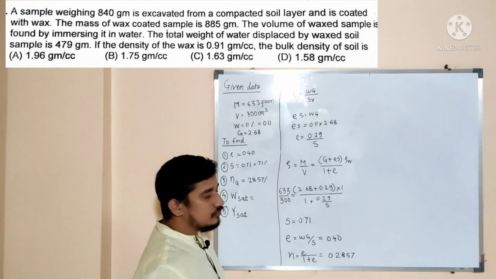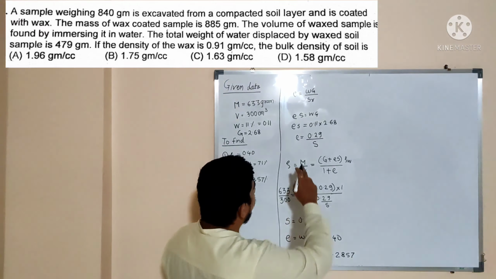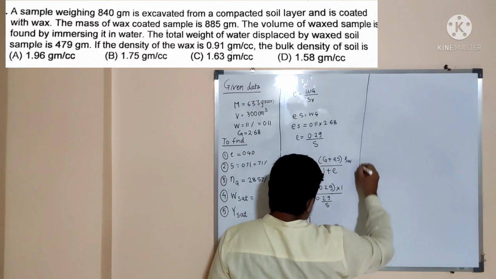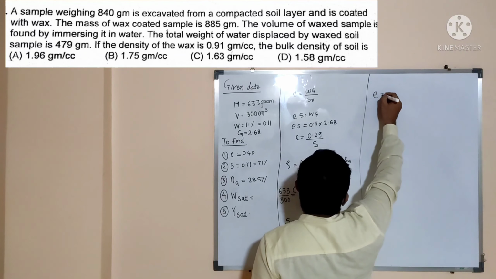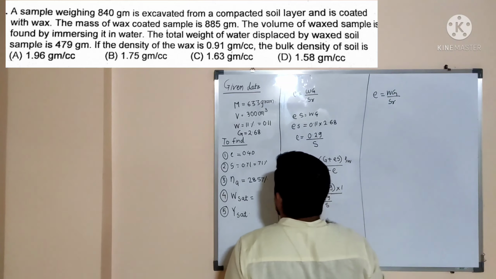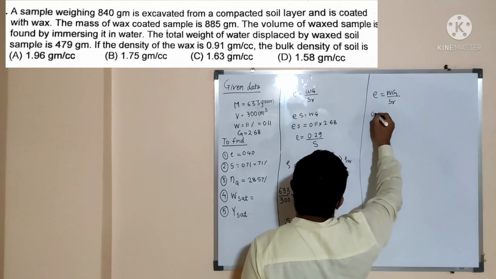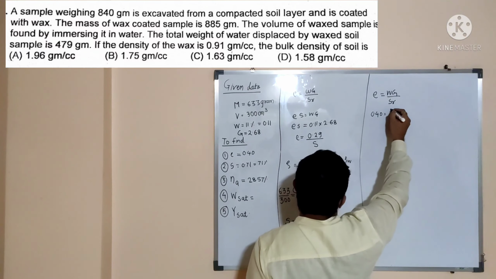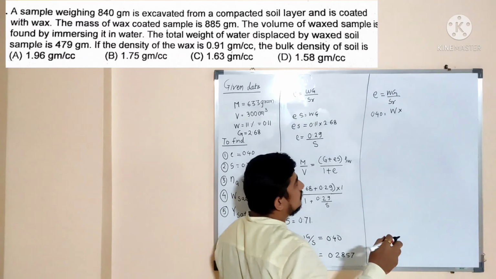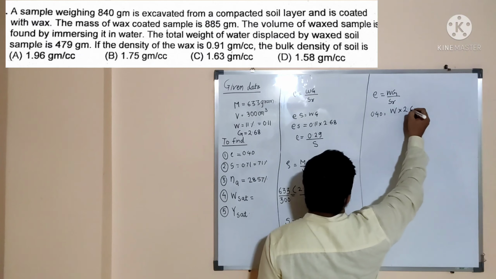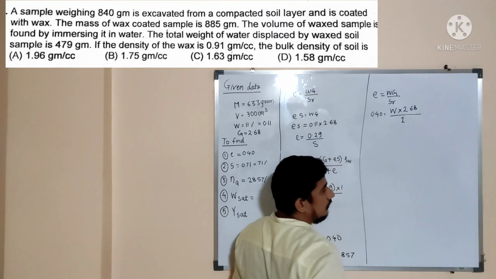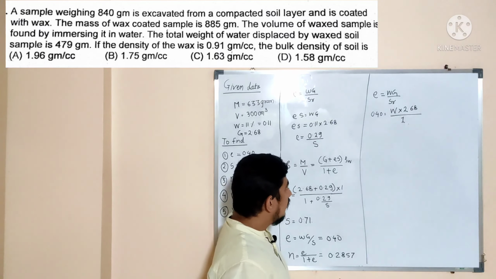Next, the water content so as to saturate the soil. We have this formula, e is equal to wG by S_r. As we know the void ratio, that is 0.40, w we need to find out, and G is 2.68. S_r is 100%, the degree of saturation is 100%.